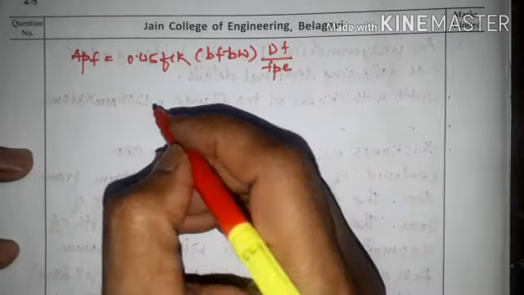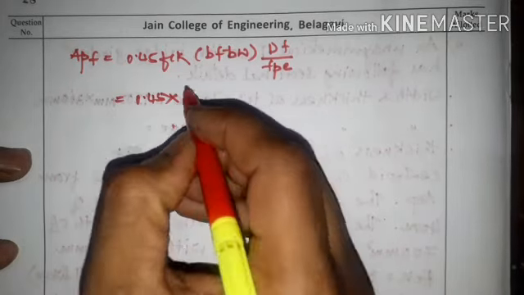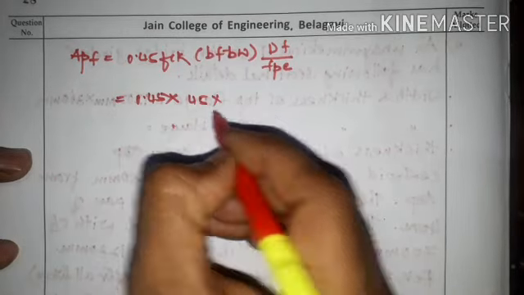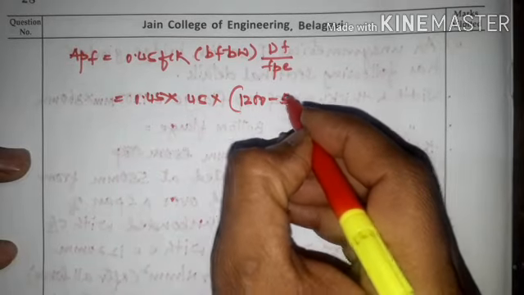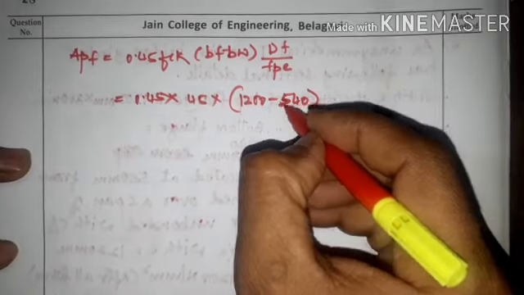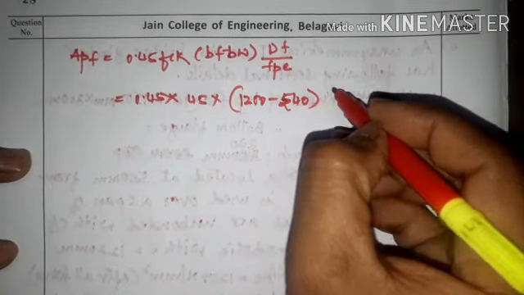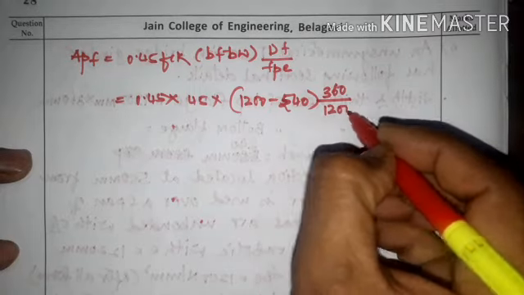I can calculate here: 0.45 FCK is given as 45, BF is 1200, BW is 240, into DF is 360, divided by FP is 1200.